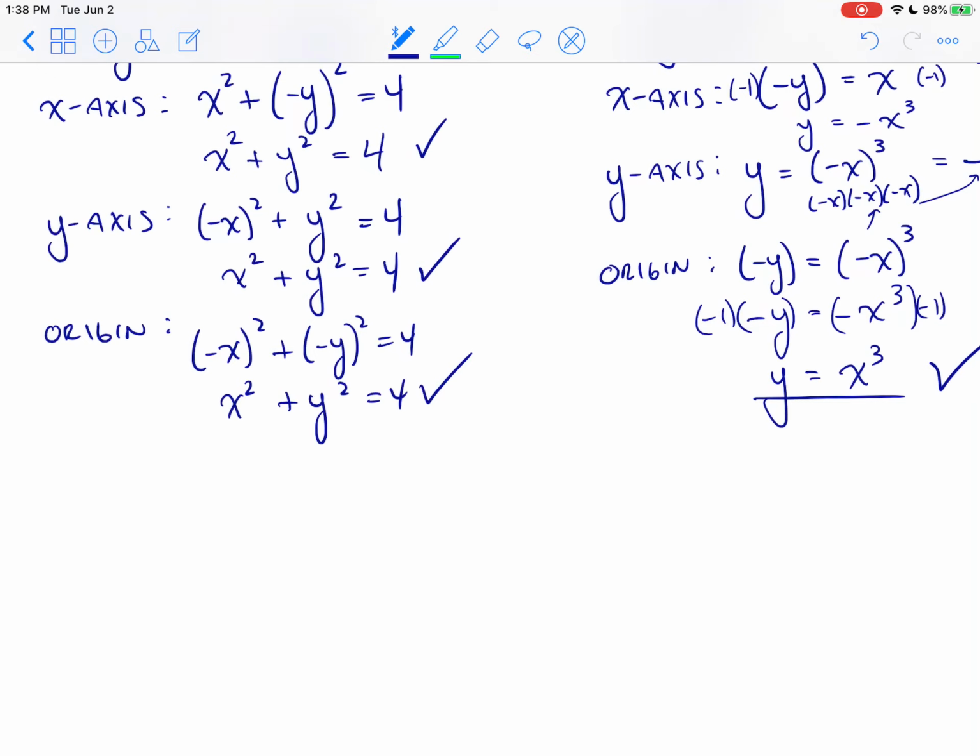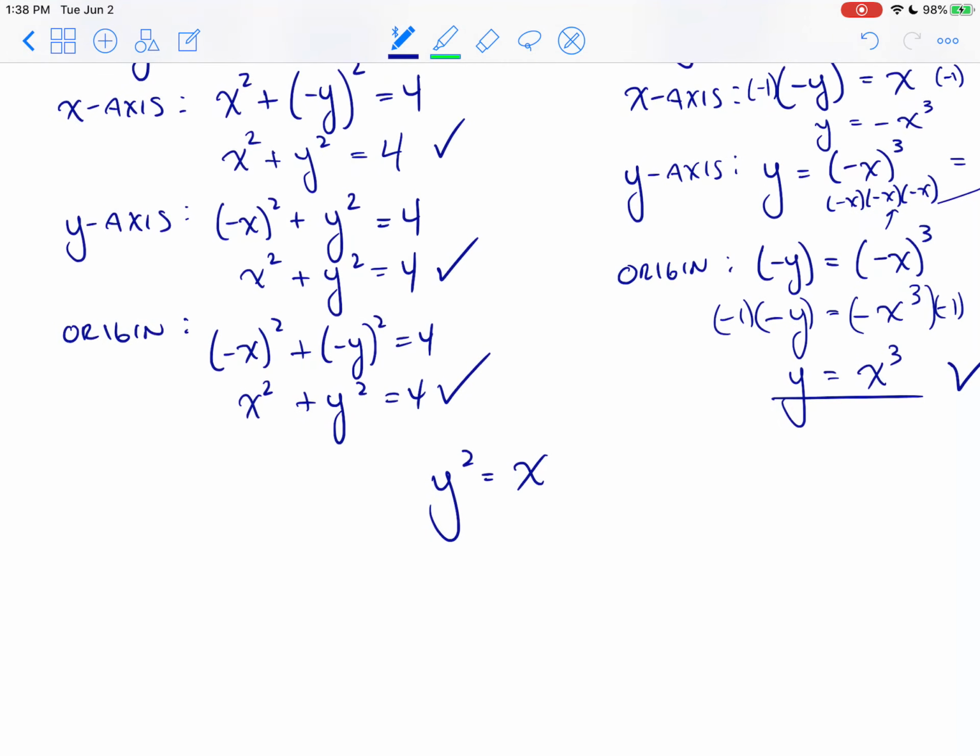So let's go ahead and try to find the different symmetries for y squared equals x. We're looking for x-axis, y-axis, and origin symmetry.